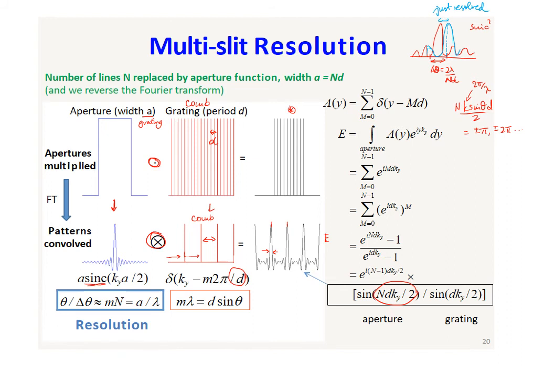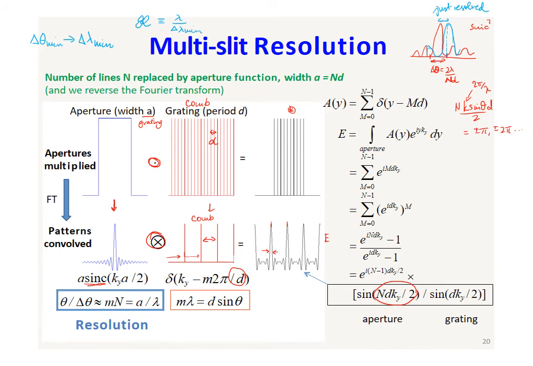Using that, we can find the minimum resolvable angle, which we can use to find the minimum resolvable wavelength. And with that, we can find something called the chromatic resolving power of the grating, which is defined as the wavelength of interest divided by this minimum resolvable wavelength.